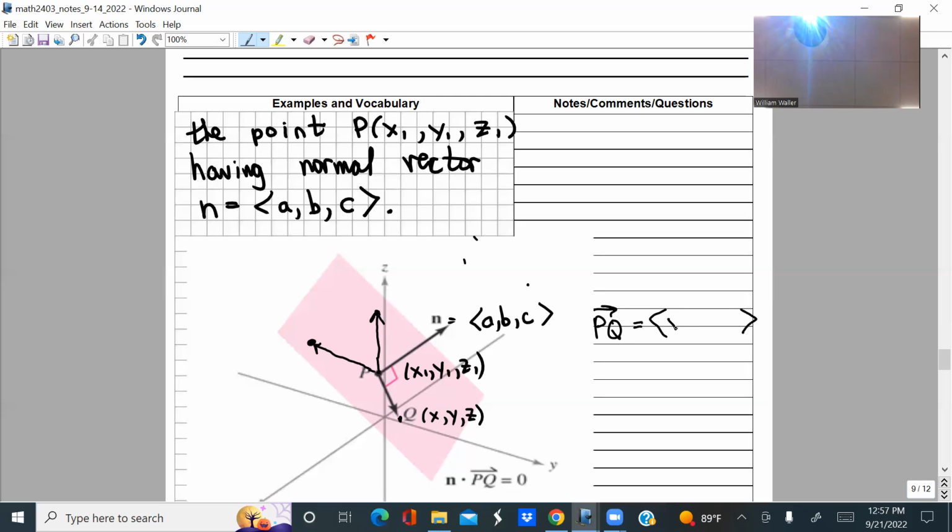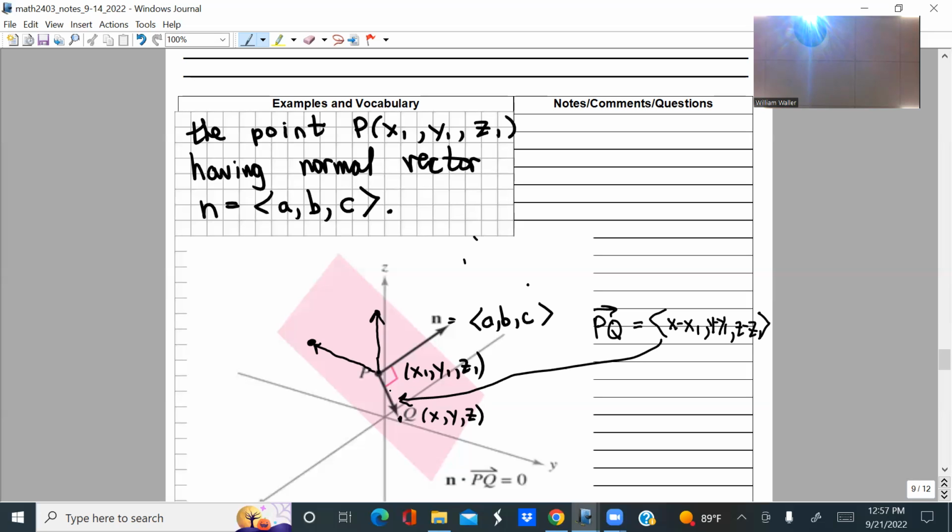So you get x minus x1, y minus y1, and the third component is going to be z minus z1. So that's what the vector PQ looks like in component form.